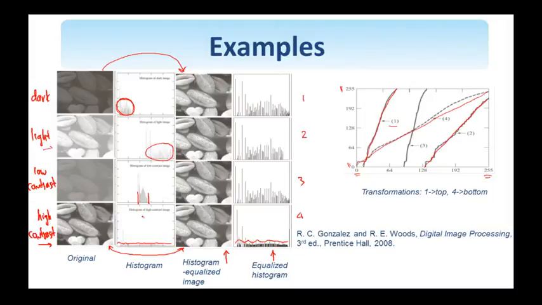And the low contrast is pretty much an example we had done earlier that goes through this transformation. It increases the dynamic range. It maps this range of values over here to the full range of the output values, 0 to 255.